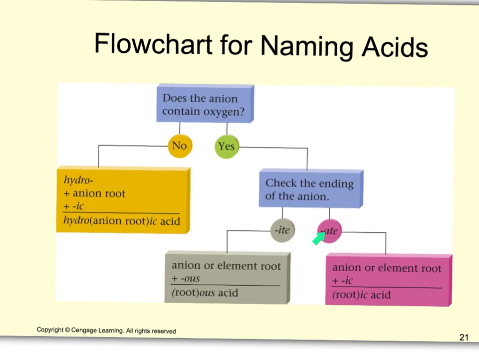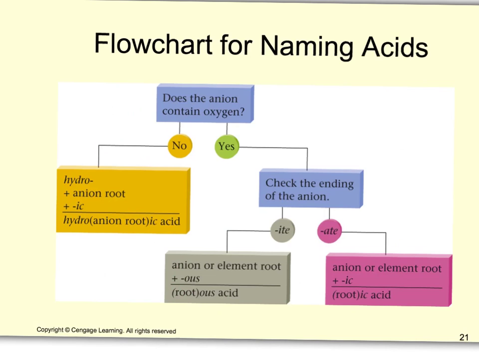If that chemical compound ended in ATE, we're going to drop the ATE, we're going to add IC, followed by the word acid. Now, if oxygen is not present, we will use the prefix hydro, the anion name, IC ending, followed by the word acid. What did I just say?